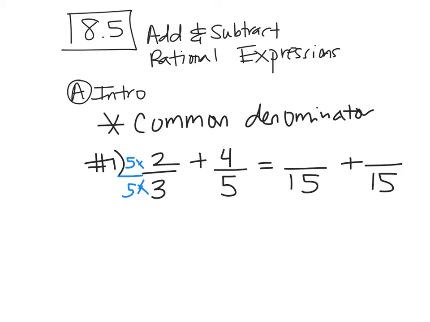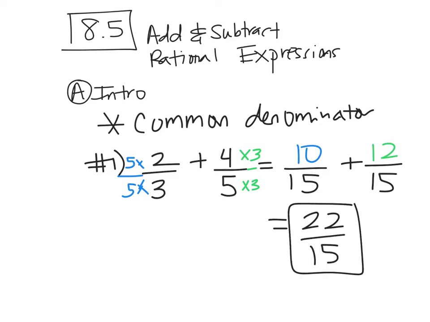You know that 10 over 15 is the same thing as 2/3. All right, over here, we're going to multiply this fraction, top and bottom, by 3. So you're just multiplying by 1. You multiply by 3 over 3. So you get 12 over 15. And then when you add them up, you get 22 over 15, and that would be your answer.